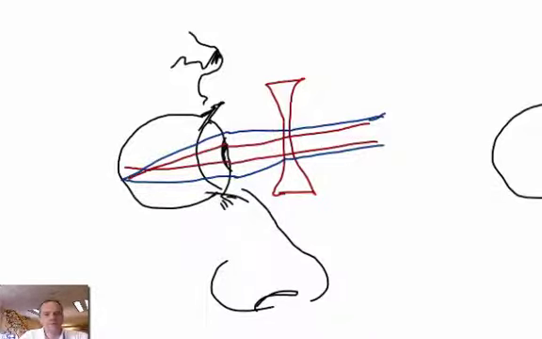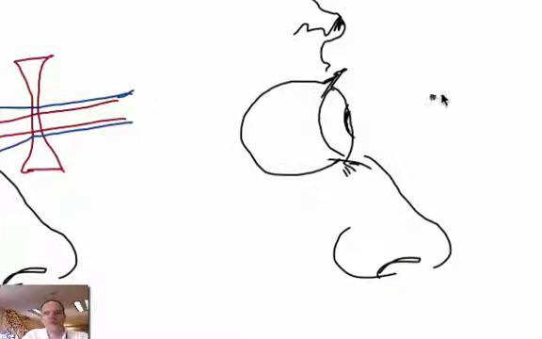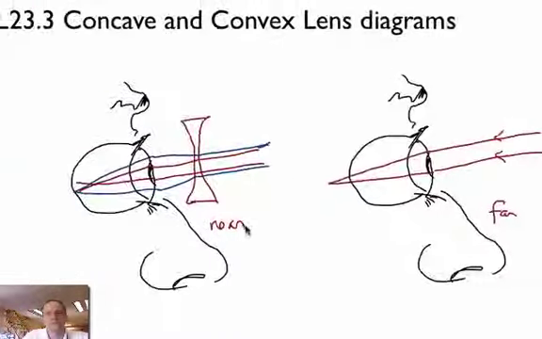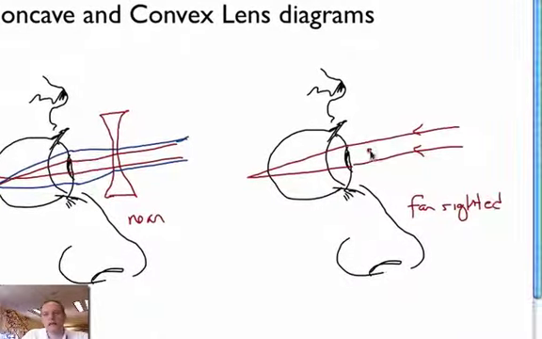Similarly, if we are farsighted, we'll have these parallel light rays coming in. Farsighted, we can see far but not near. The light rays focus too far back. Okay, so this is farsighted. This would be nearsighted. So then we need to make the light converge a little bit sooner before it gets to our eye.